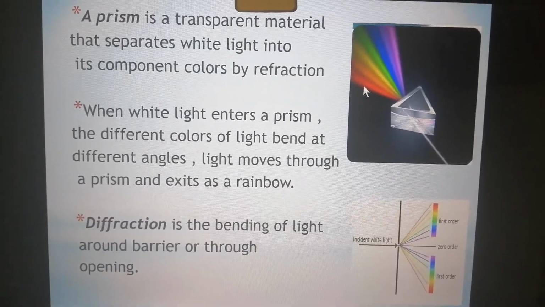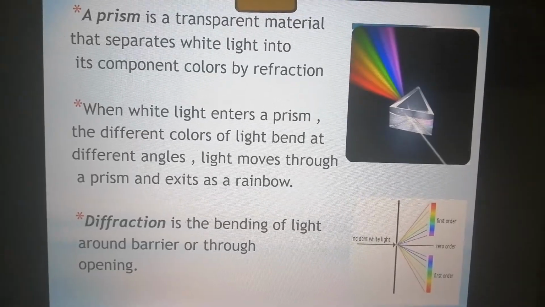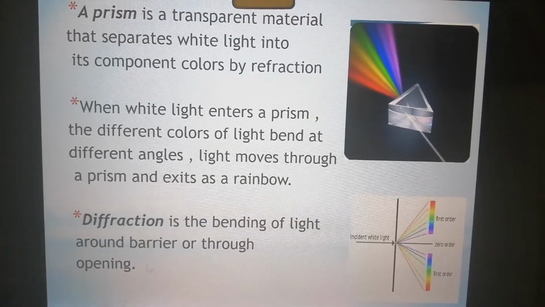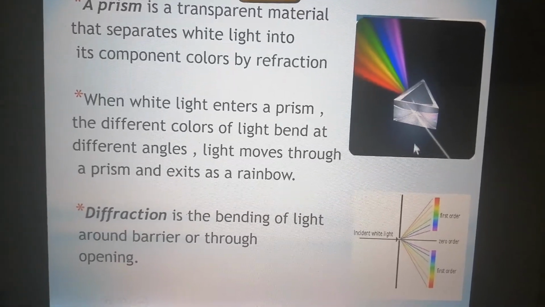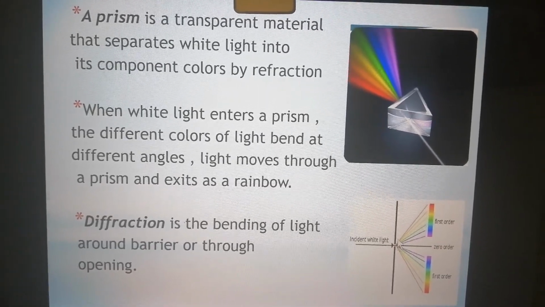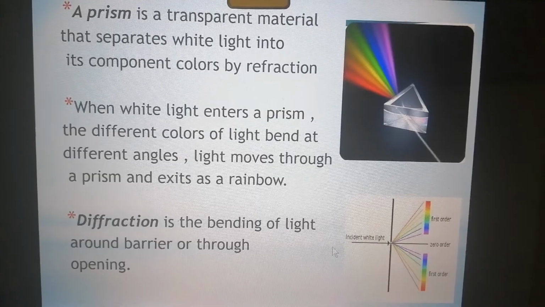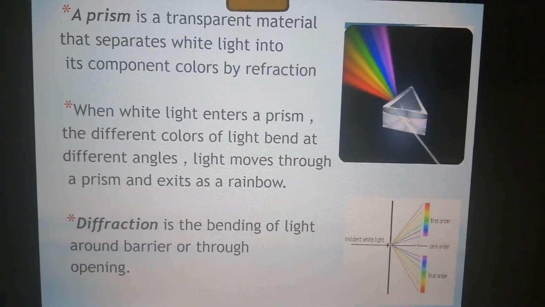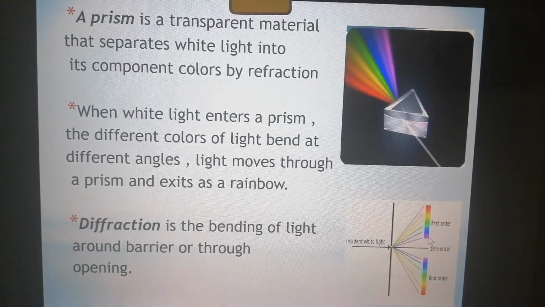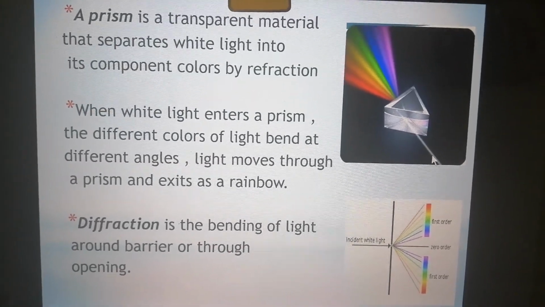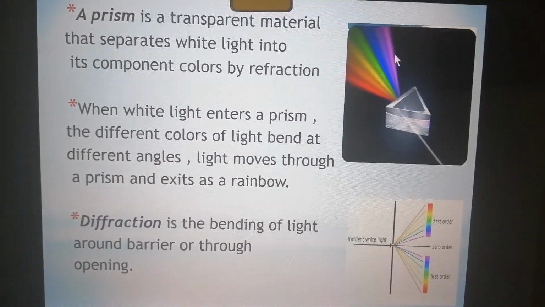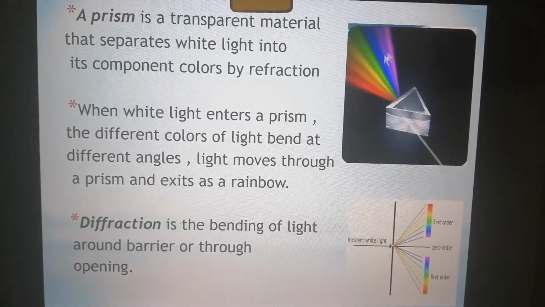These different angles are called diffraction, the bending of light around a barrier or through an opening. The prism is a barrier, or if the light passes through an opening, it is diffracted at different angles, giving me different colors.